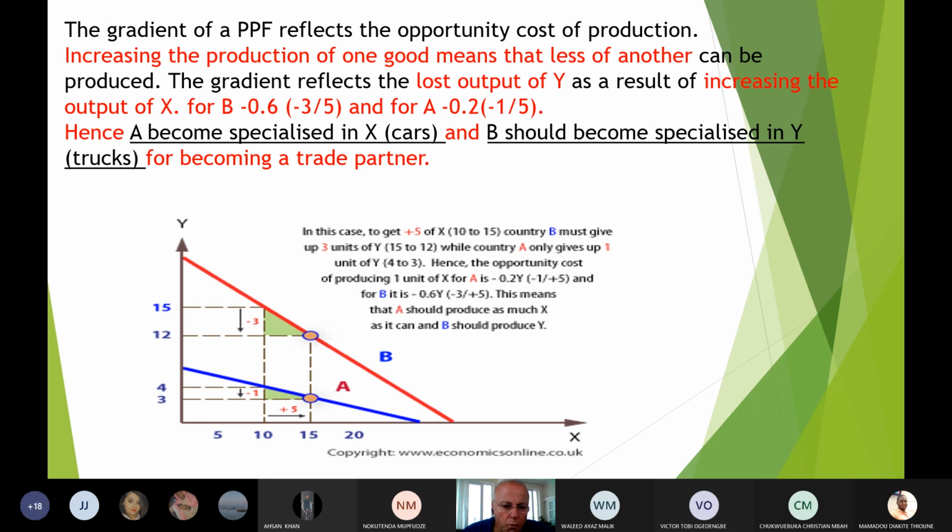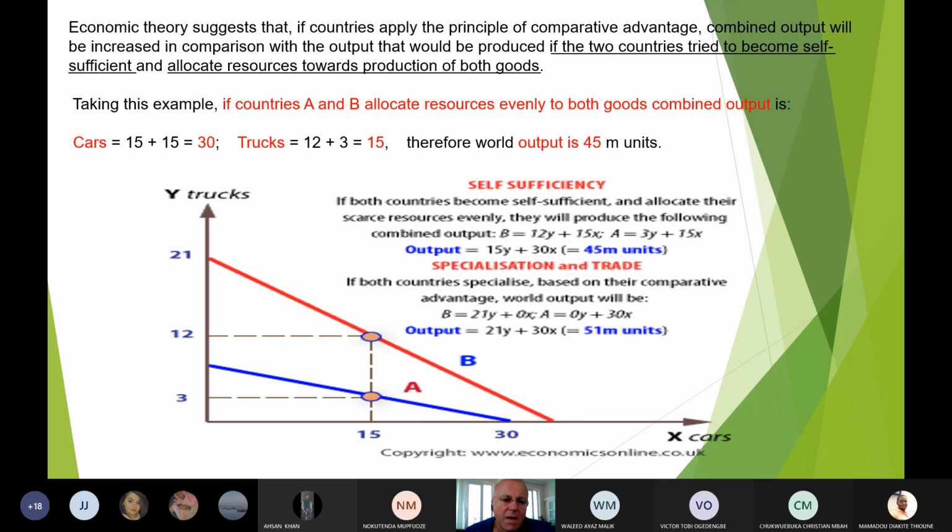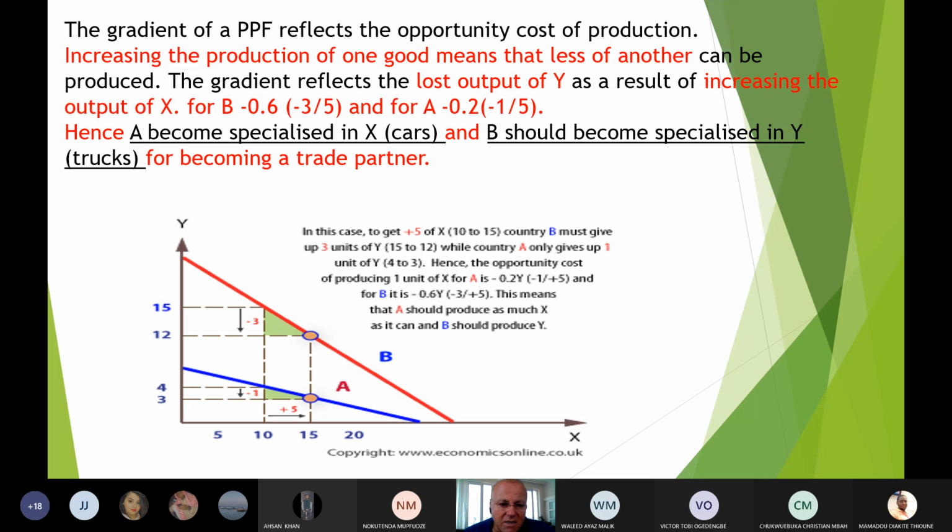You are moving from 15 to 12, so you are going down, and from 4 you are reducing your capacity, and the X or the car production is not changing. As you are observing here, this replacement is reducing the X. For B, 0.6 units as a reduction, and 0.2 where it is reduced because you are moving from 1 to 5, which is 1/5.